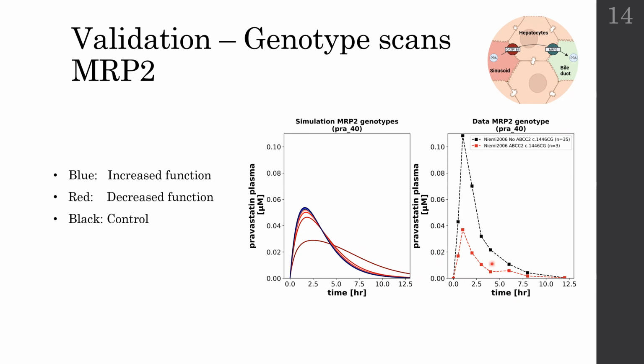And this stands in line with the experimental data, where we can see that the black dotted line representing the ABCC2 wild type correlates with the black control line in our simulation, and the red dotted line from the data correlates with the solid red line from the simulation, which describes decreased MRP2 function.